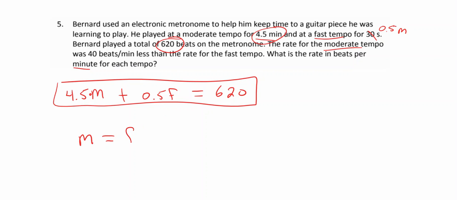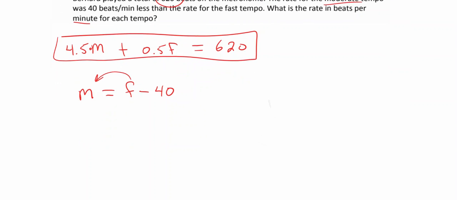So it would be whatever the fast was, minus 40. All right, so we got our two equations set up. We're doing the elimination method in this one, so let's get these to the same side. I'm going to bring this F over to that side.